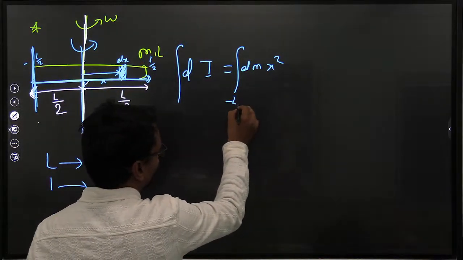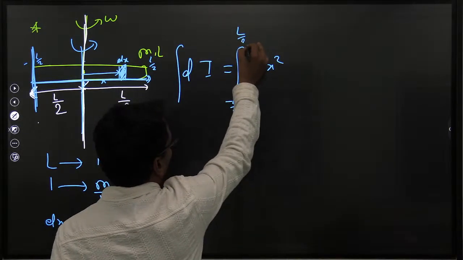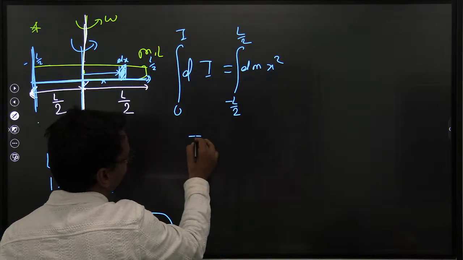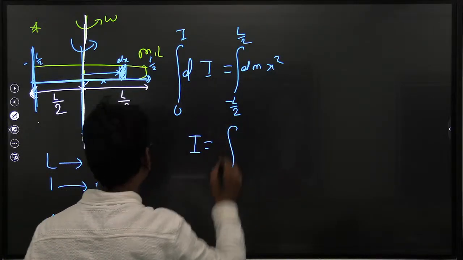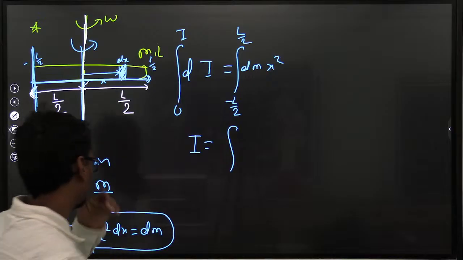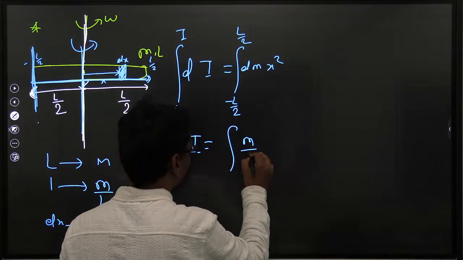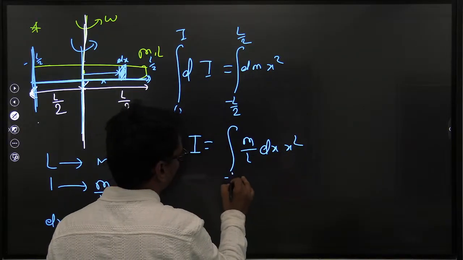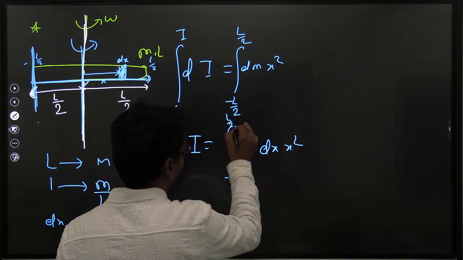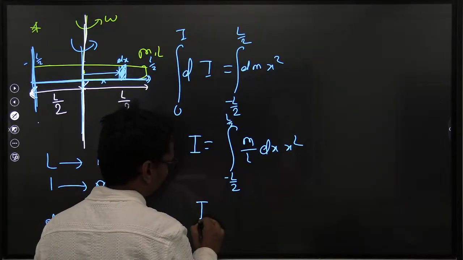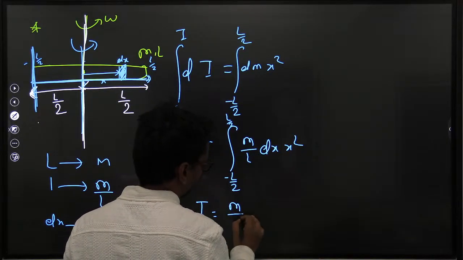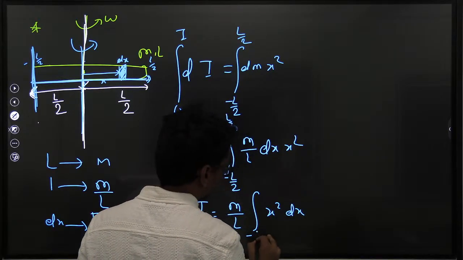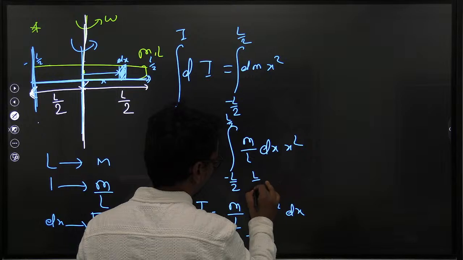So the limits are minus L by 2 to L by 2, and we integrate this dI, which gives I, and we put the value of dm. The value of dm is m upon L dx, so m by L dx into x square, from minus L by 2 to L by 2. After that, I is equal to, taking the constant outside, m by L times the integral of x square dx from minus L by 2 to L by 2.